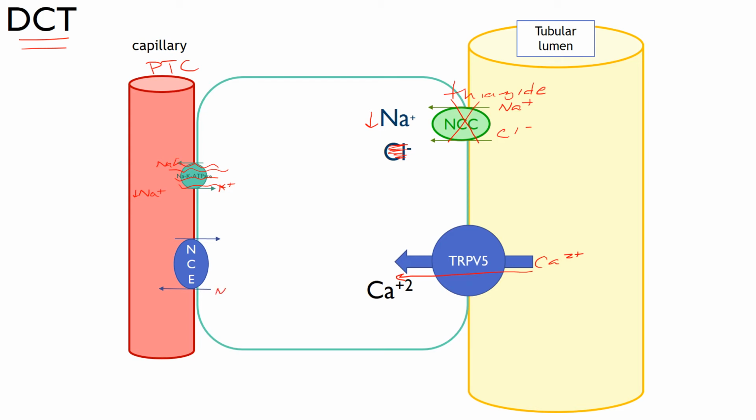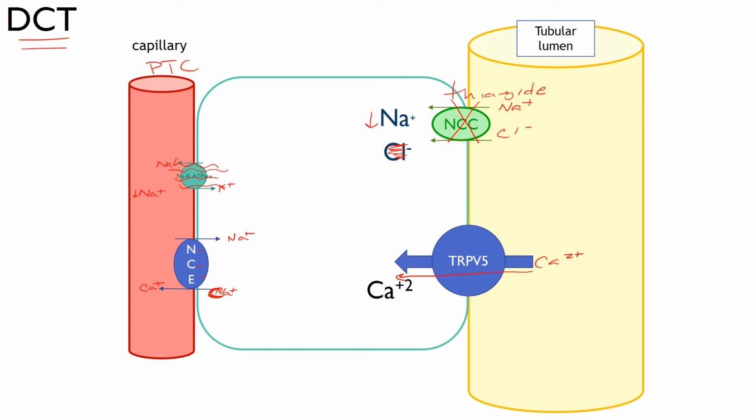Now, what happens to this calcium under normal conditions is the calcium would leave across the basolateral membrane using the sodium calcium exchanger. So a calcium gets reabsorbed in exchange for a sodium.